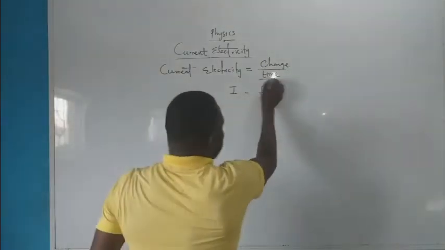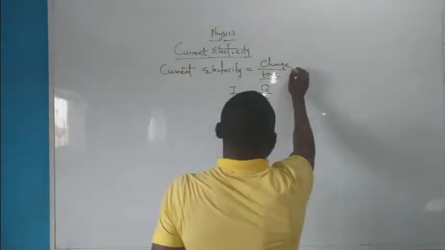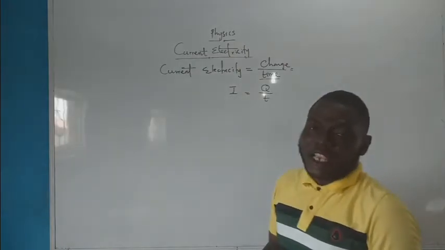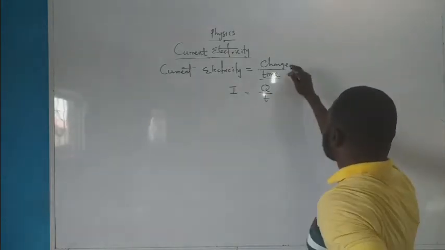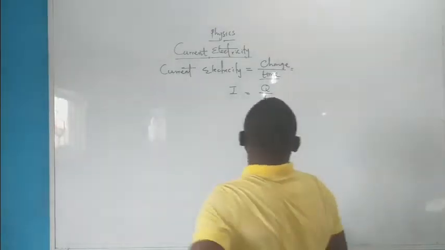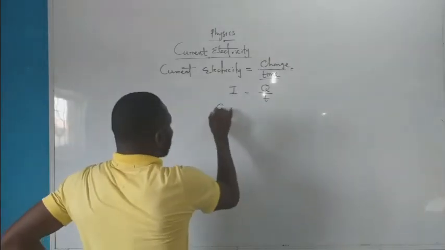What do you mean by time? Time is the rate at which an event is being measured. The unit of charge is coulombs.